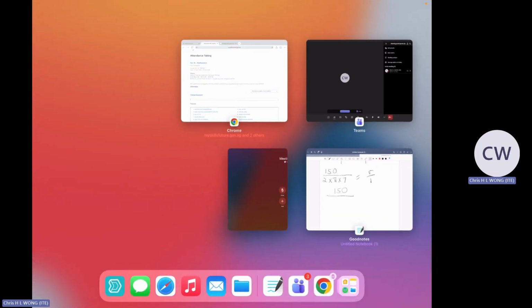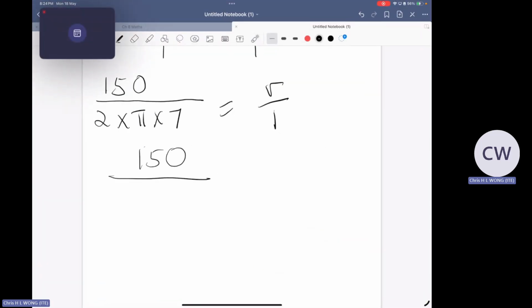Okay, sorry, back to this again. What is 2 times pi times 7? 43.98, is it? That equals r over 1. So what is 150 divided by 43.98? That will give me 3.416410.